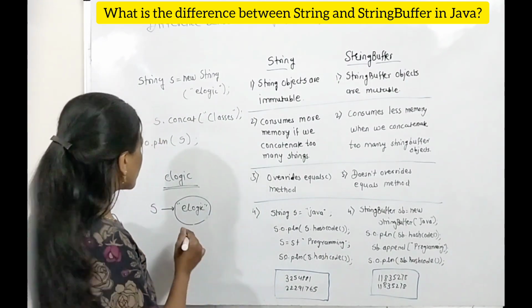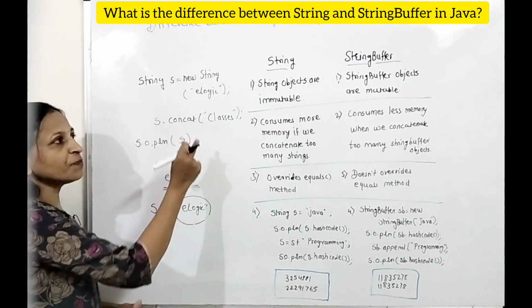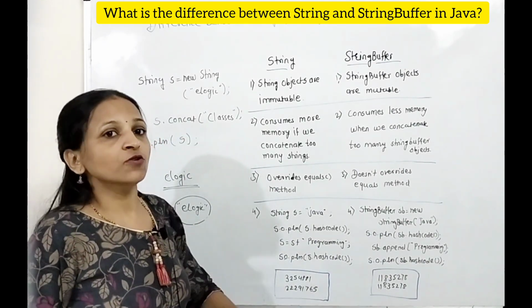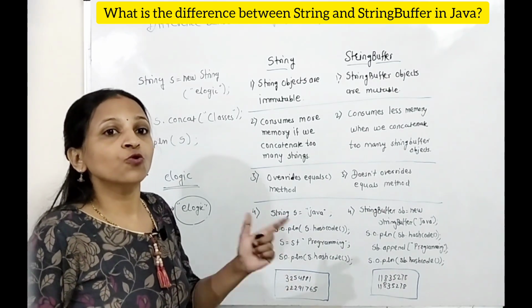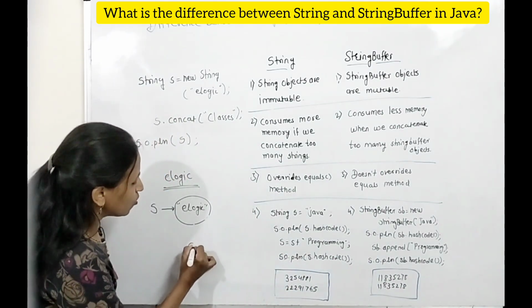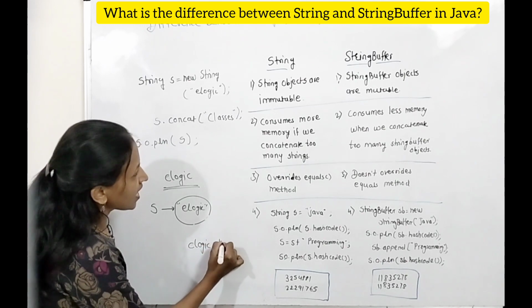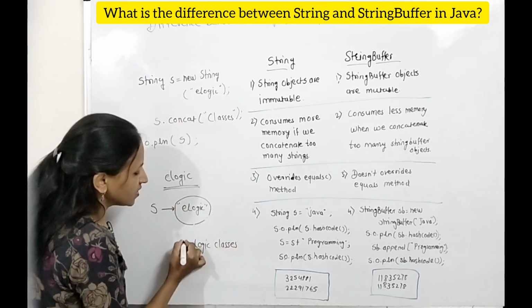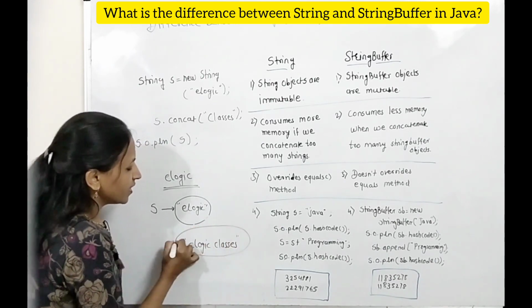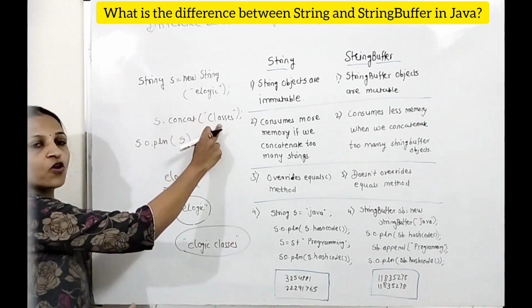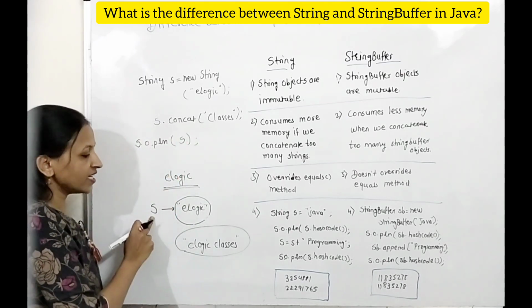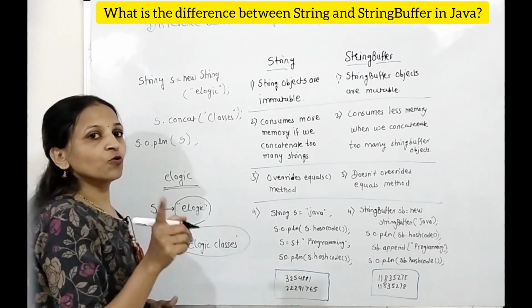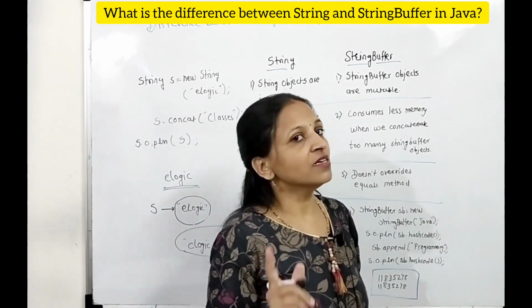That's why if you try to perform any changes in a string object, then a new object will be created with those changes, like eLogic classes, because we are concatenating classes to that s. This new object will be created with the new contents, but here s is pointing to eLogic, that's why we will get output only eLogic at the end.